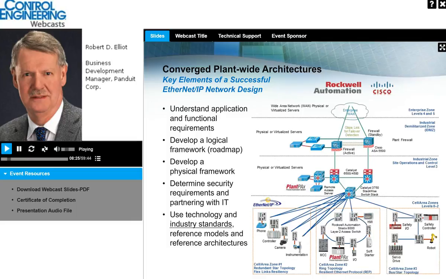The diagram on the right is a topology that shows the network schematic and where the largest items of equipment are in terms of switching and firewall, and then as the enterprise network transitions to the industrial automation network, you can see the existence of cells or manufacturing zones at the bottom of that diagram, level 0 to 2.